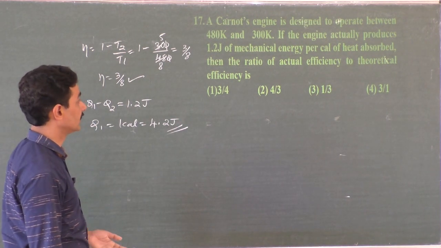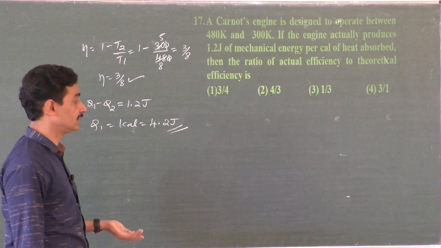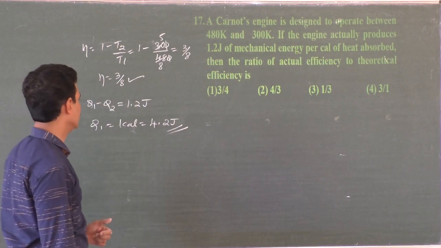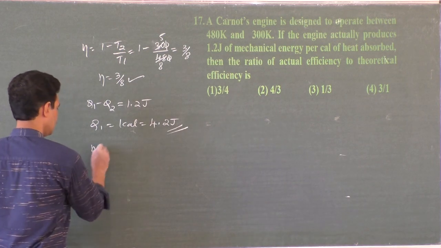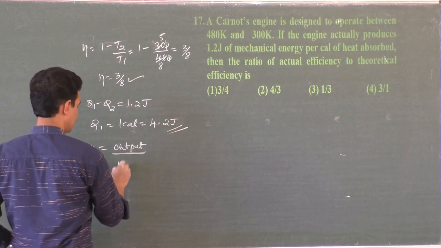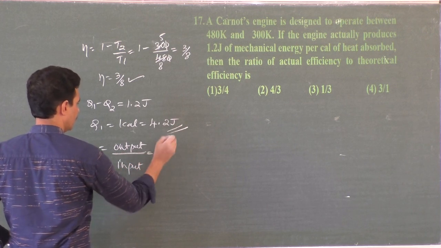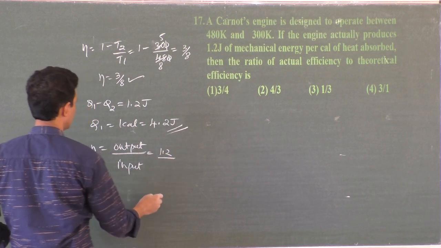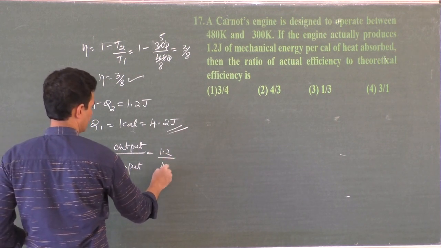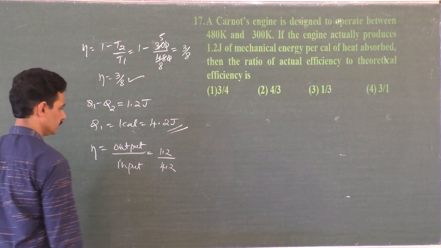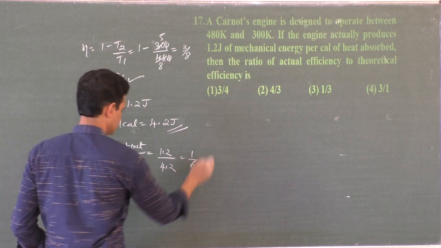Now the question is, what is the ratio of actual efficiency to theoretical efficiency? Theoretical efficiency, we got it. Actual efficiency is output mechanical work divided by input energy. Output mechanical work is 1.2. Input energy is 1 calorie, that is 4.2. This is 1 by 6, right?